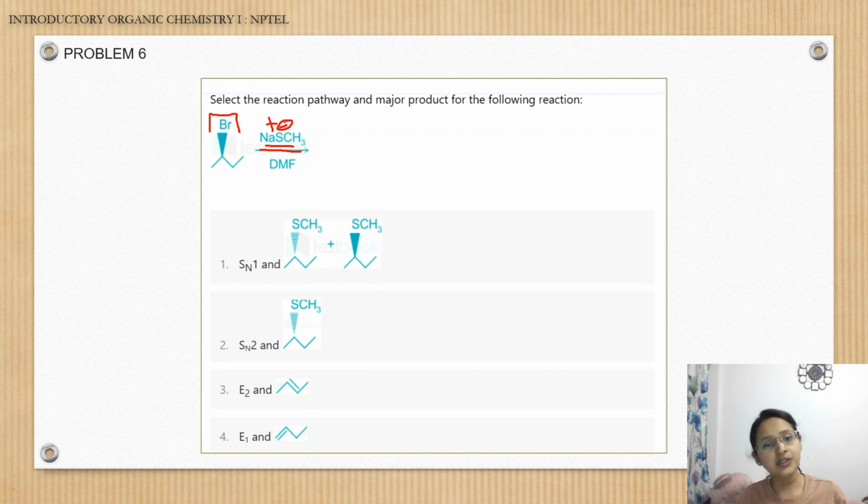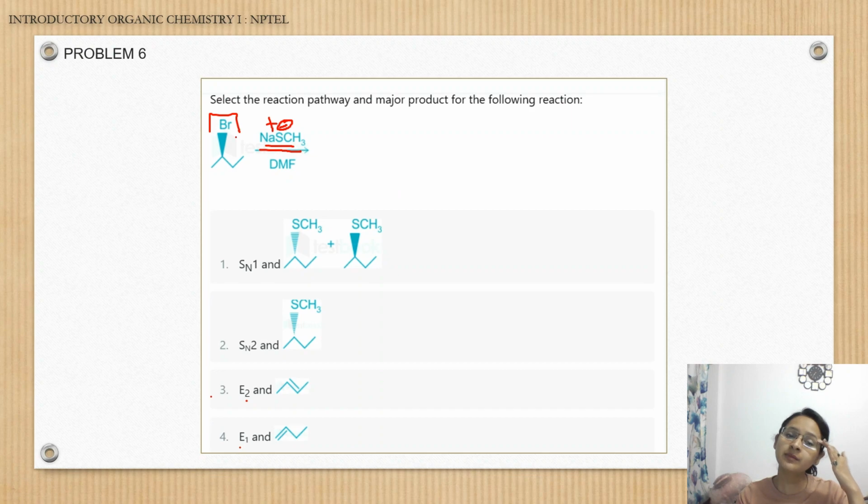Now, if it is substitution, then the E2 and E1 elimination options are getting eliminated. Why? You have to see very carefully when substitution and when elimination is happening in the system. Elimination is supported where there is a very strong basic medium and you have a proton that can be abstracted, and an E2 kind of elimination could take place.